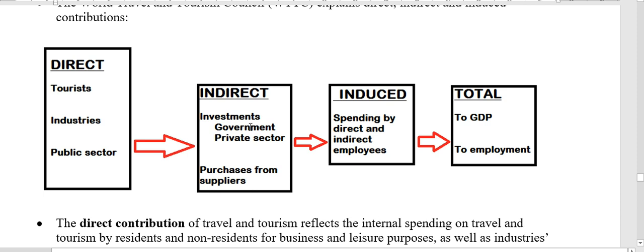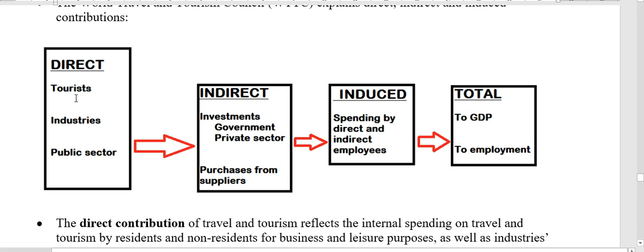Your indirect effect will come from investment that is made by the government or the private sector, as well as purchases from suppliers. I'm going to explain this in more detail just now. And then the induced benefits to the GDP is spending by direct and indirect employees.